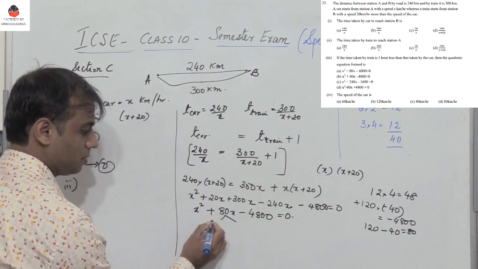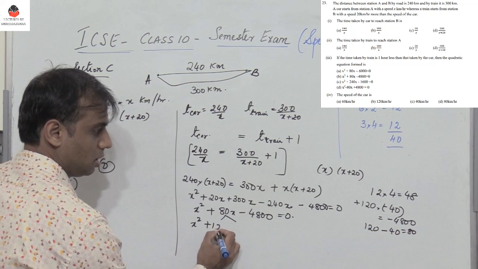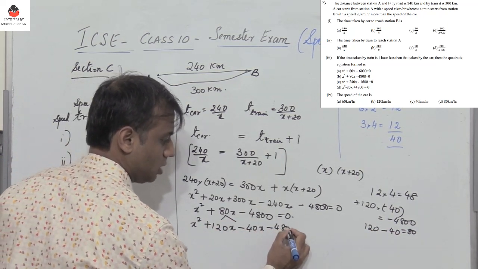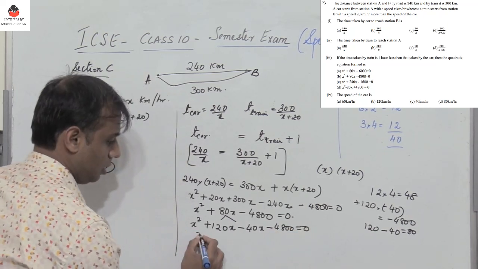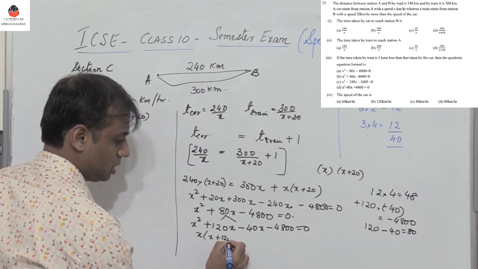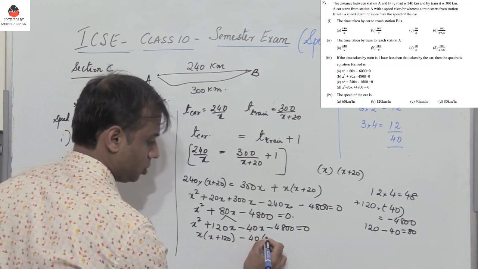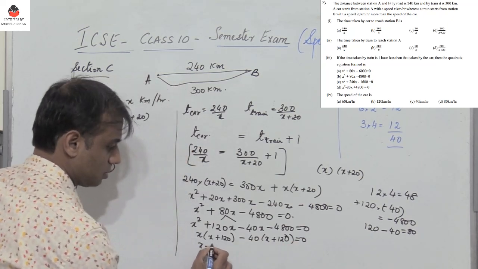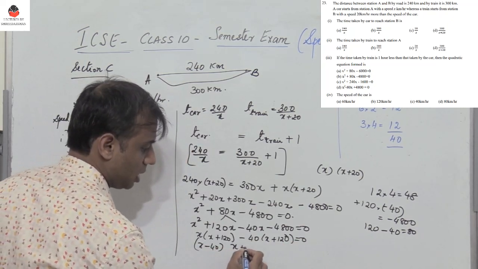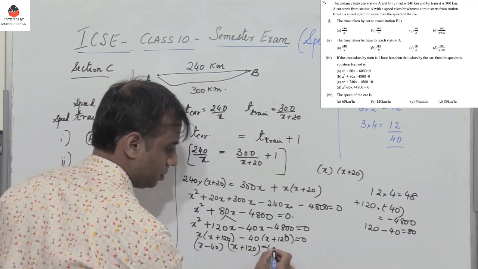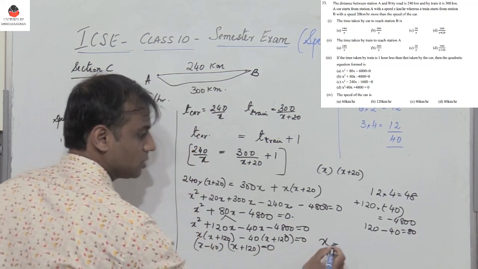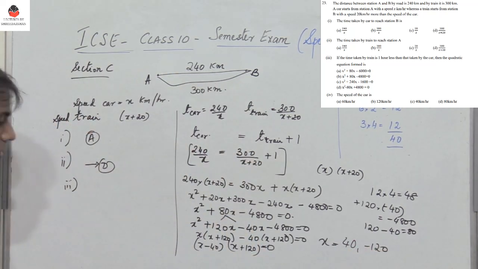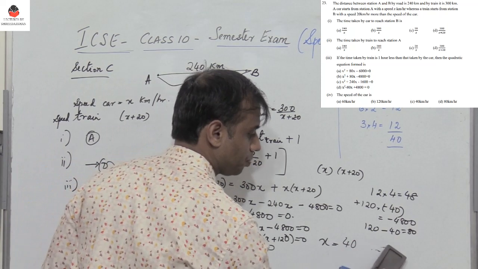So this term can be split as x square plus 120x minus 40x minus 4800 equals 0. X into x plus 120 minus 40 into x plus 120 equals 0. So you have x minus 40 into x plus 120 equals 0. So what is x? X is plus 40 or minus 120. Now the speed cannot be negative, so the right option is 40.